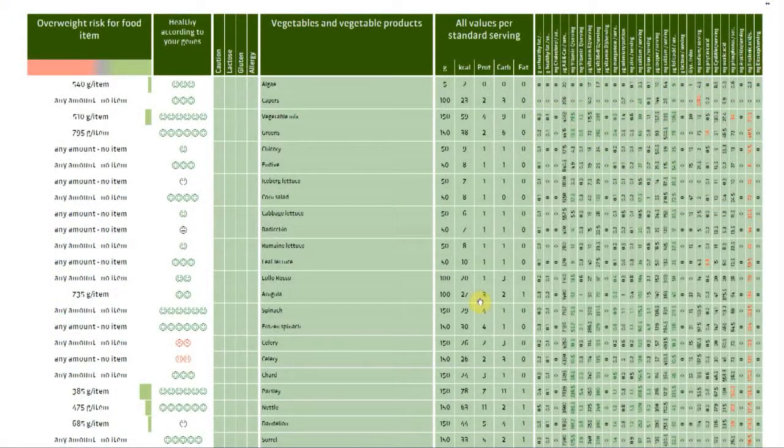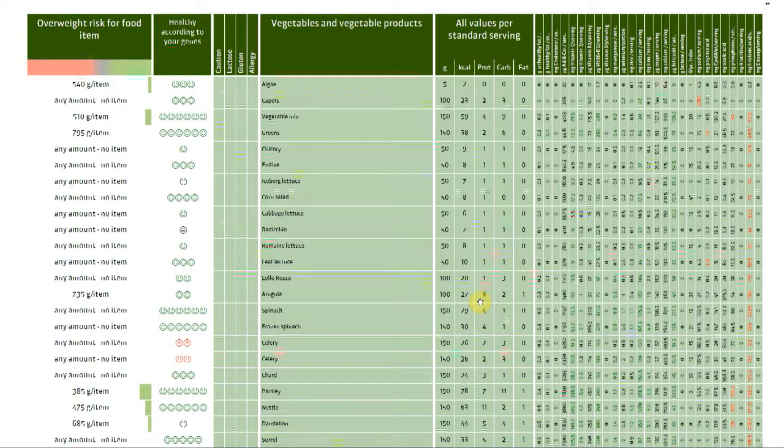6 happy smiley faces is the best you can have. It just means that vegetable mix in general is very healthy for you. It contains a lot of vitamins, minerals that you require in a higher amount based on your genetics, and it contains very few substances that are a problem for your health. 1 smiley face is less healthy than 6 smiley faces.